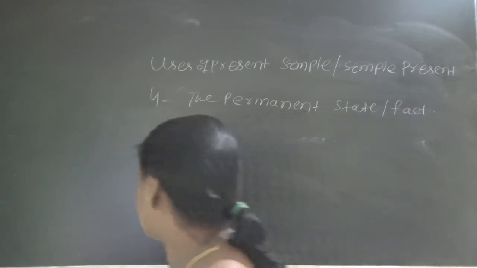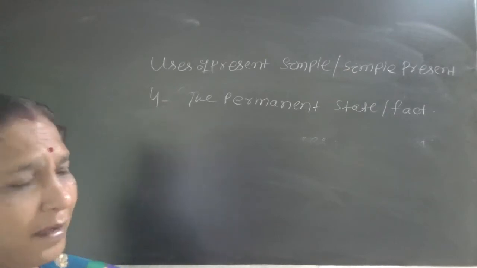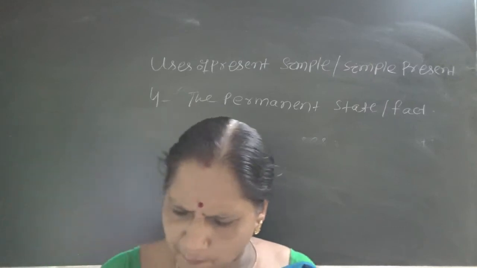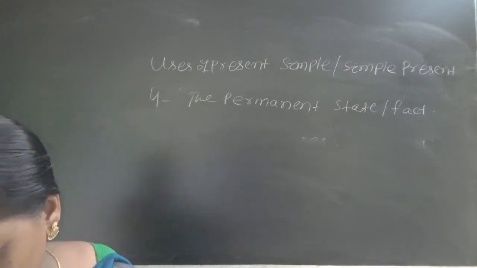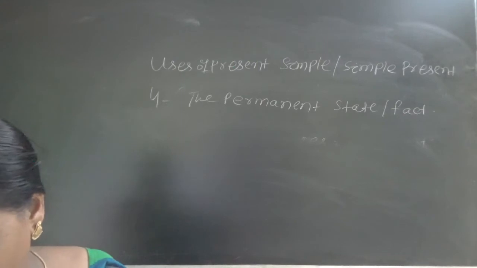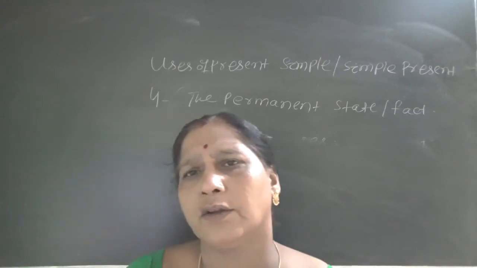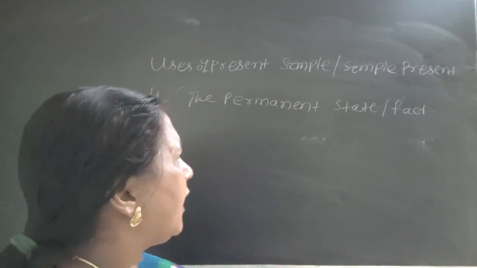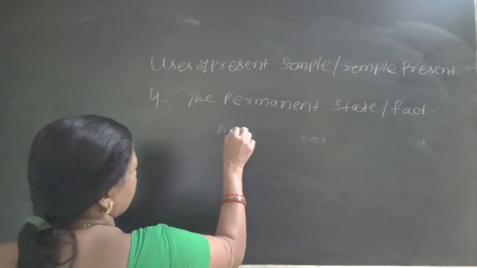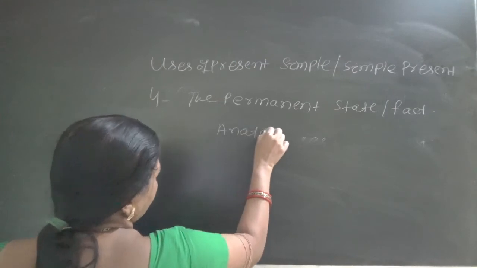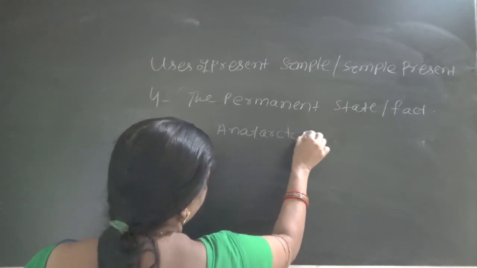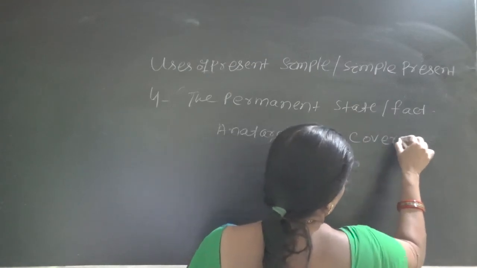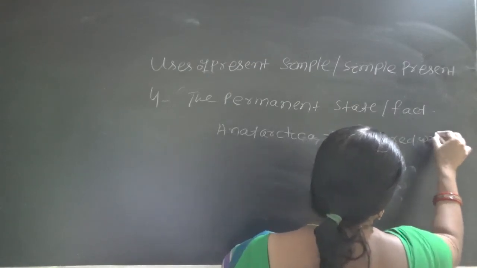For instance, the Himalayas is to the north of India. Or Antarctica is covered with snow.